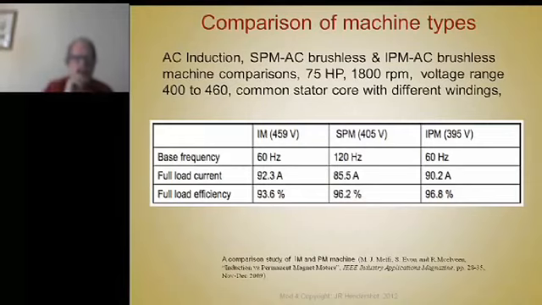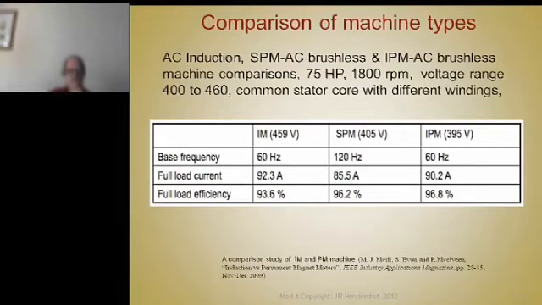We can compare some machine types: surface machine, AC brushless, internal machine brushless, against induction. Here's a comparison that was done by these three gentlemen. This is an IEEE IAS magazine article that compared three of these machines.